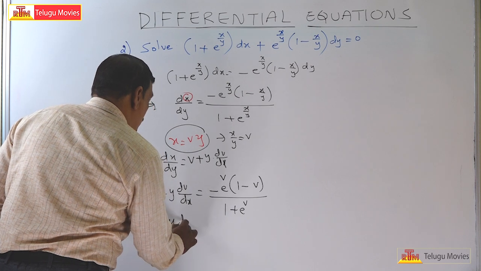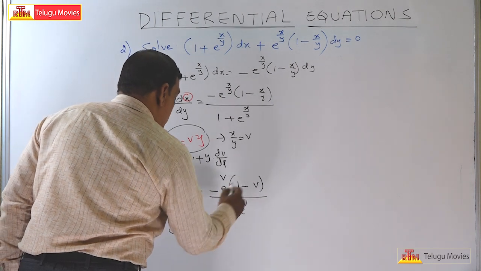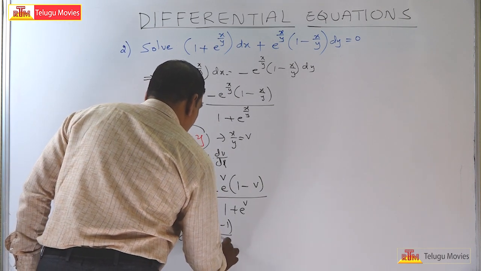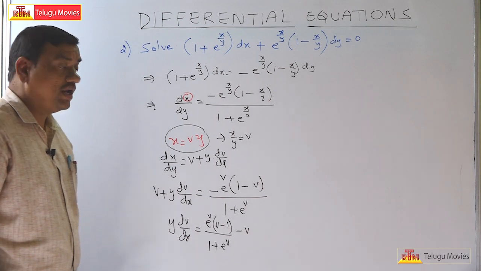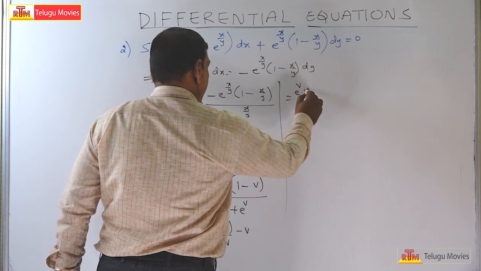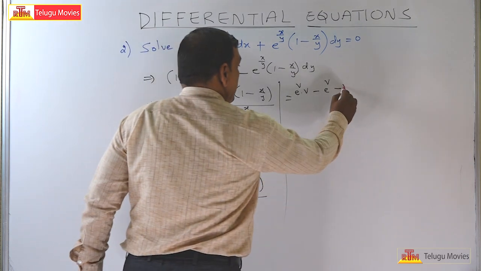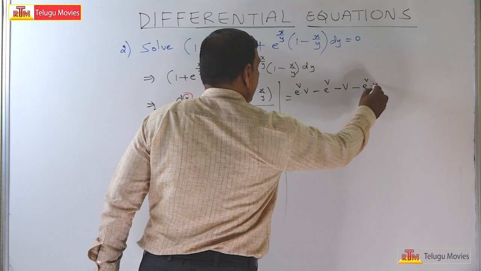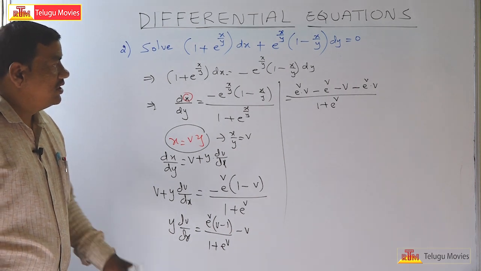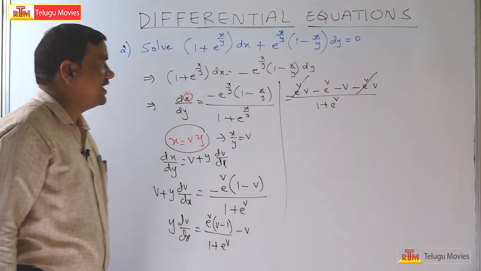So y into dV by dy is equal to e power V, take minus inside, that is (V minus 1), upon (1 plus e power V), minus V. Okay? So take cross multiplication, you will get e power V into V minus e power V minus V minus V e power V into V by 1 plus e power V. Okay, right. In the numerator, e power V into V minus e power V into V gets cancelled.